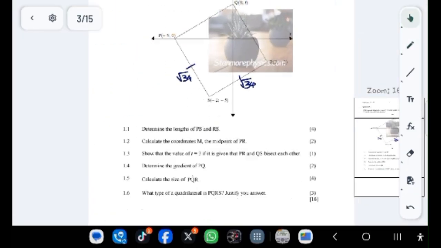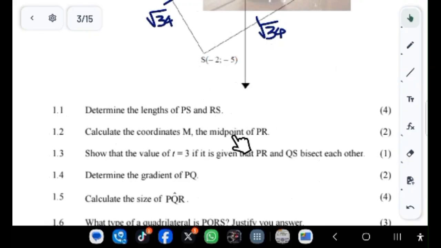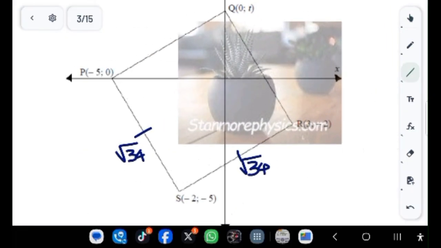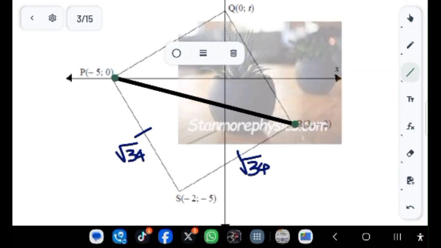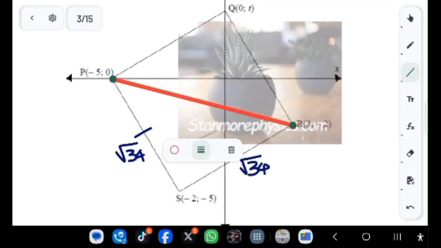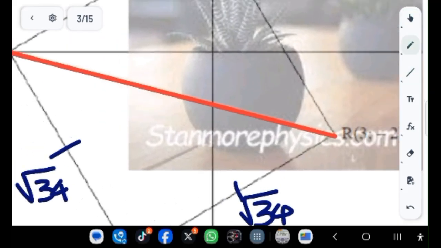Next question. Calculate the coordinates of M, the midpoint of PR. Take a pencil and a ruler, pencil that in. We're going to change the color. All right, there is the midpoint. It's going to be somewhere there.